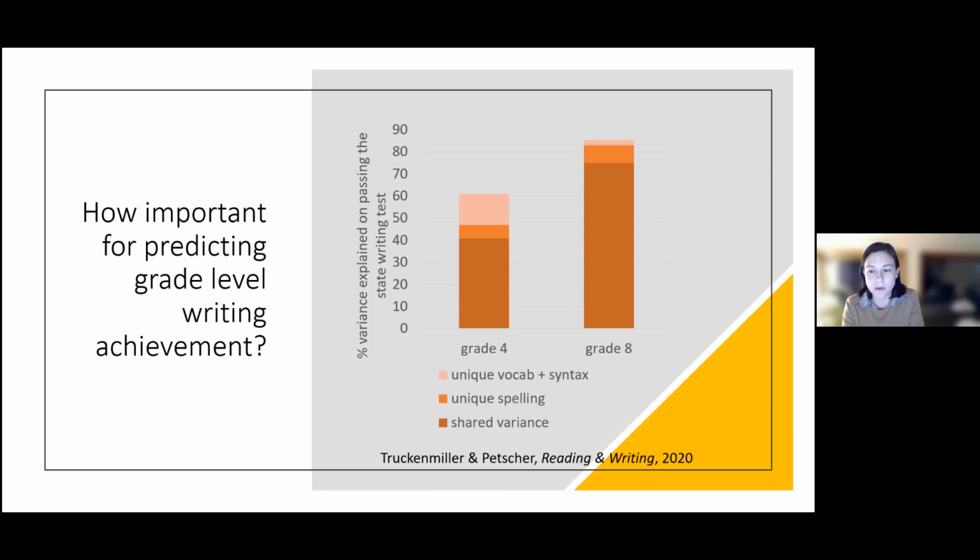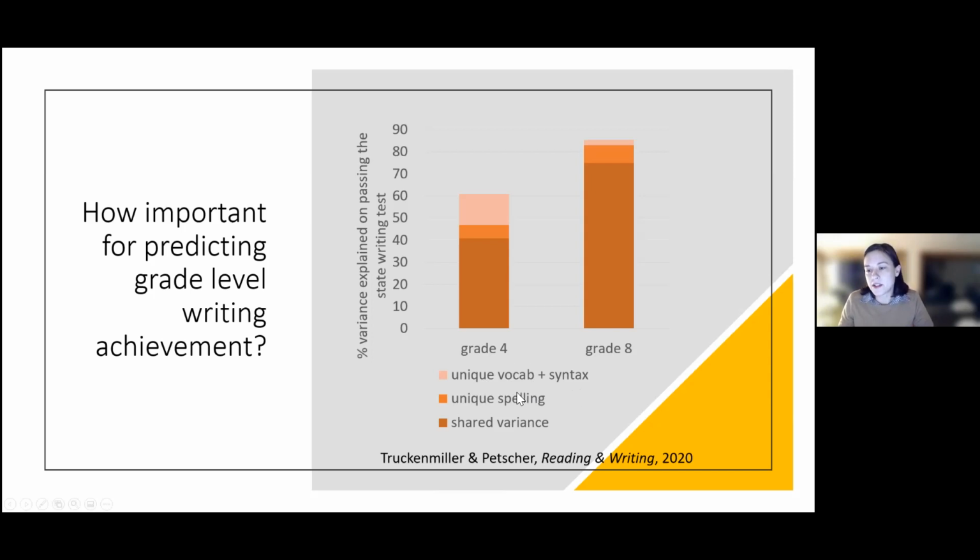And so we measured vocabulary, syntax, and spelling. And we measured reading comprehension as well. But I'm going to talk about the combined impact of vocab, syntax, and spelling. So in 4th grade, we were able to predict 61% of the variance on if a student would pass the writing assessment or not with vocab, syntax, and spelling, just those 3 skills.